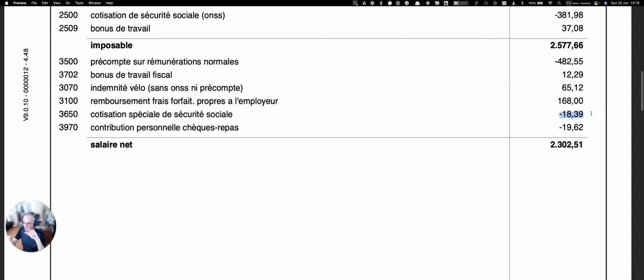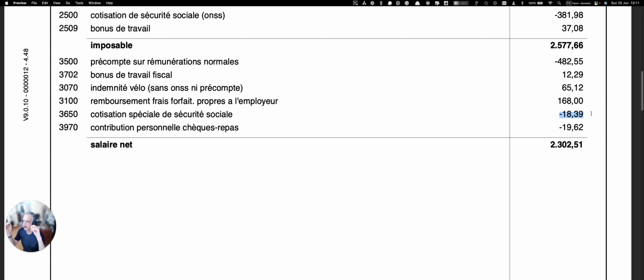you remember that the bonus is decreasing with the level of staff cost, with the level of gross salary you get. The special social security contribution is the other way around. The higher your gross salary is, and the more you will have to pay in terms of special security contribution, special social security contribution.